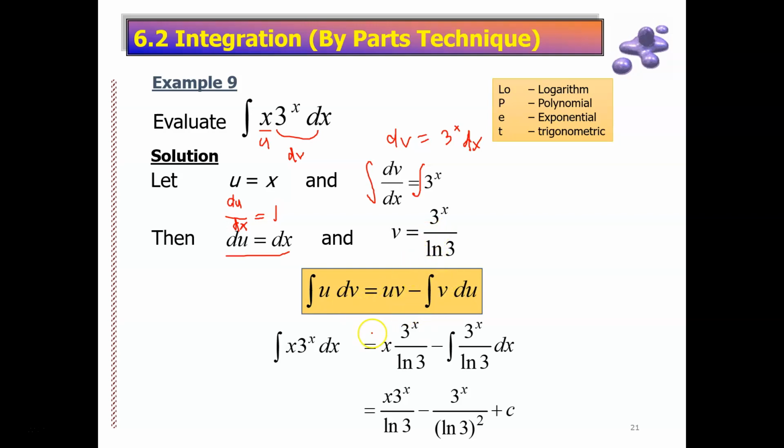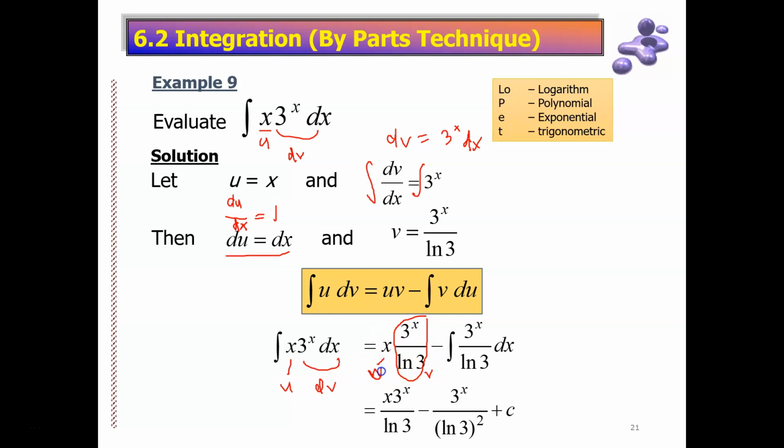So, again, kita tulis balik integration of u dv. This is your u, this is your dv, equal to uv. This is your v, kan? This whole thing is your v.